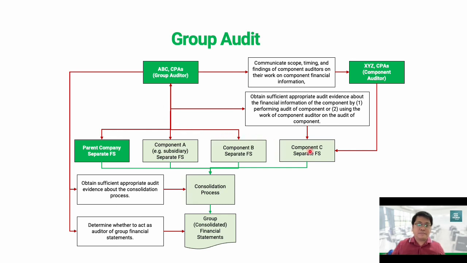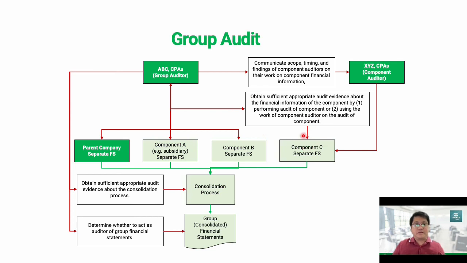So with respect to the evidence related to component C, you have a choice whether you perform procedures related to this component yourself as the group audit team or group engagement team, or you can rely on the work of the component auditor.